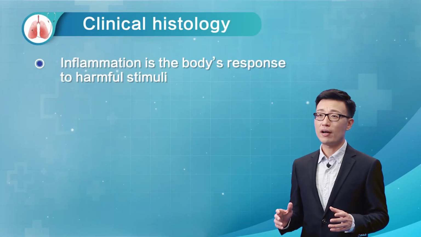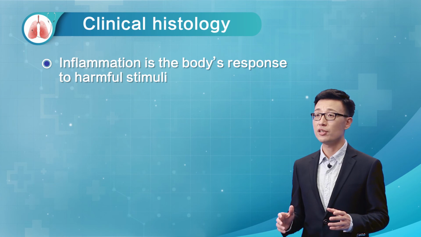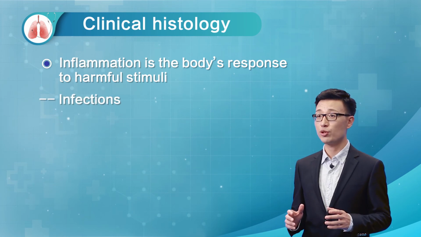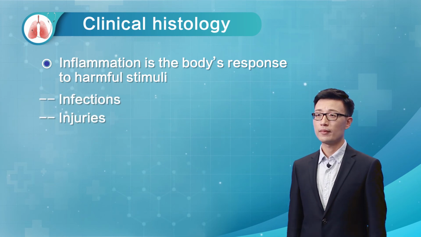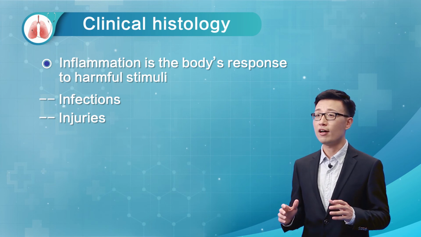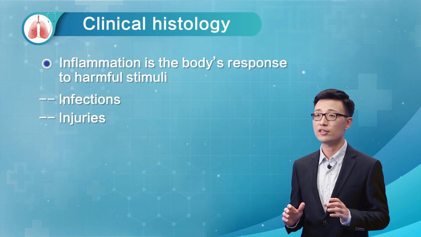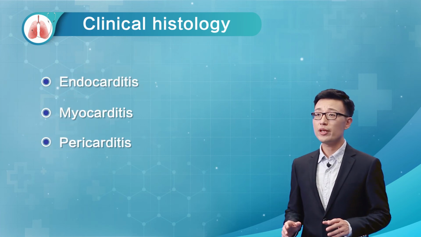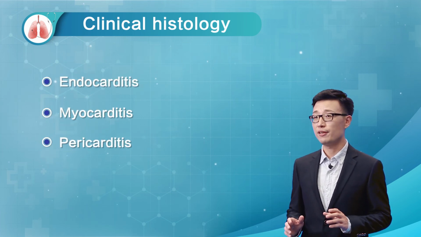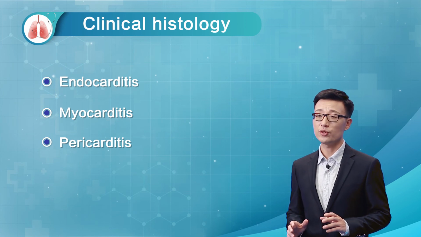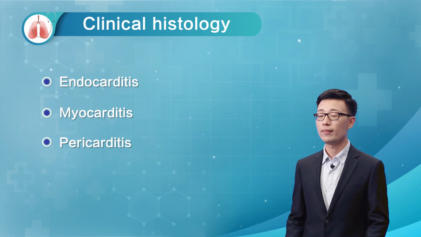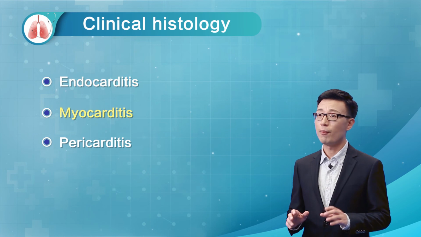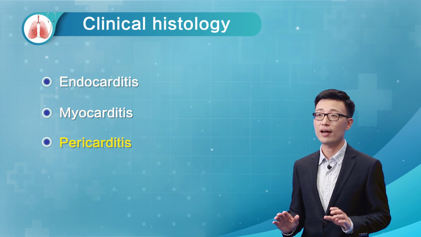Inflammation is the body's response to harmful stimuli, such as infections or injuries. Inflammation in the heart can lead to serious heart damage or health problems. There are three primary types of heart inflammation corresponding to the layers of heart wall: endocarditis, myocarditis, and pericarditis.